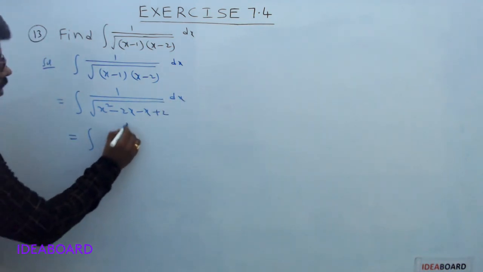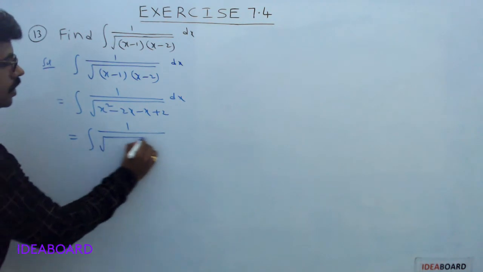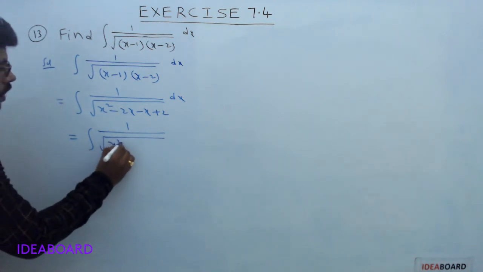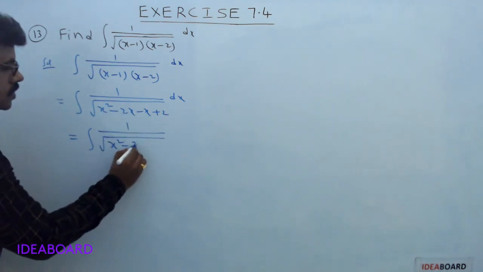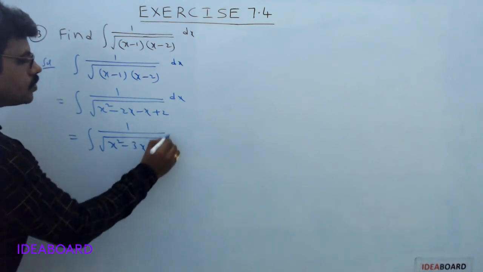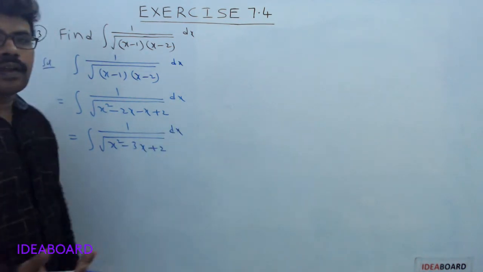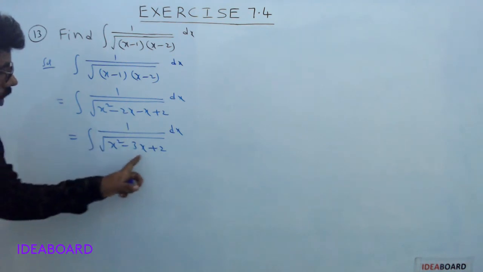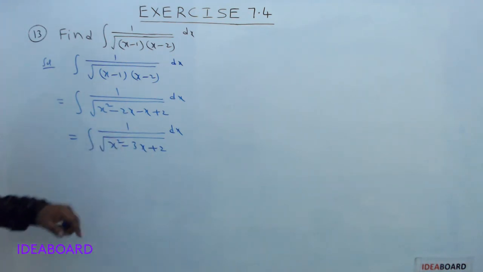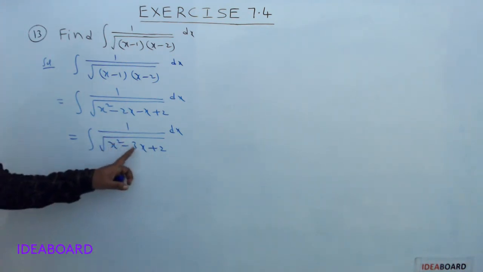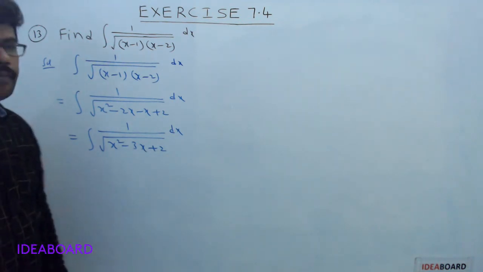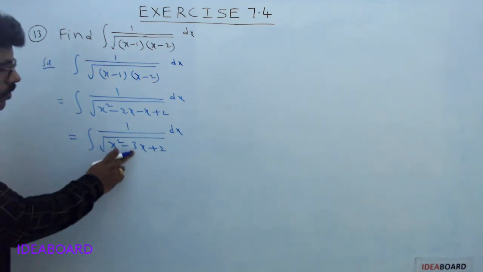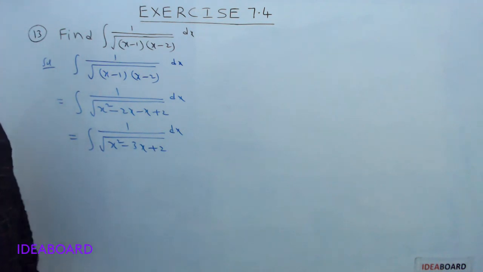Now this is integral 1 divided by square root of x square minus 3x plus 2 dx. Now clearly this integrand is of the form 1 divided by root of ax square plus bx plus c form. Here a value 1, b value minus 3, c value 2.